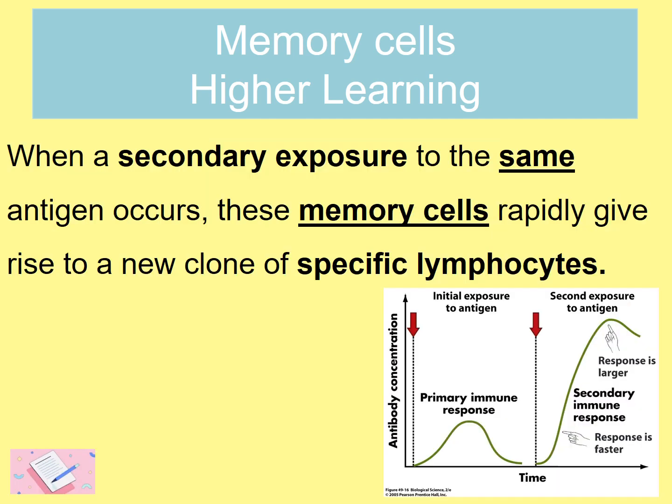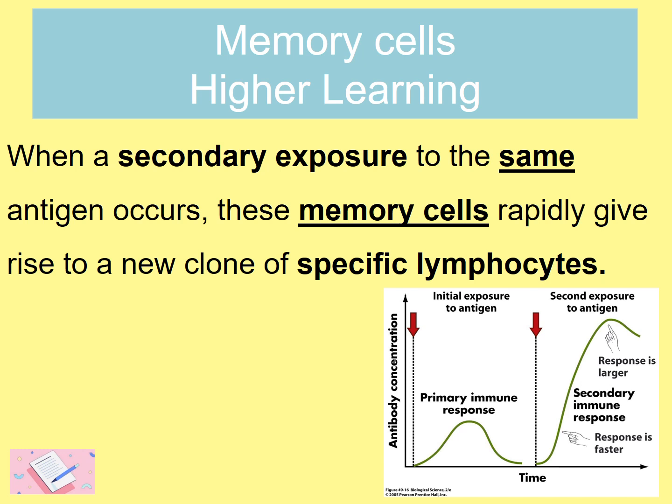The secondary response is made possible by the presence of memory cells. These are B and T lymphocytes specific to the antigen and produced in response to the body's first exposure to it.